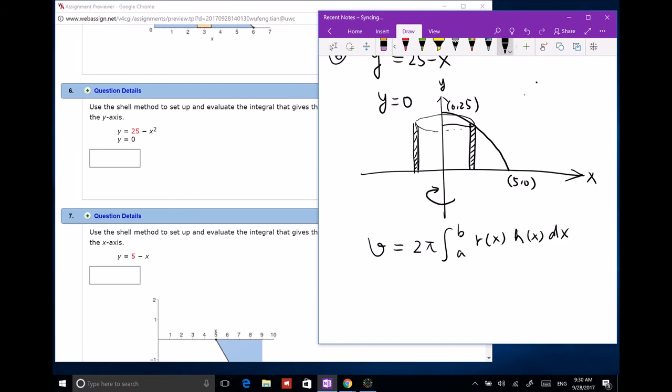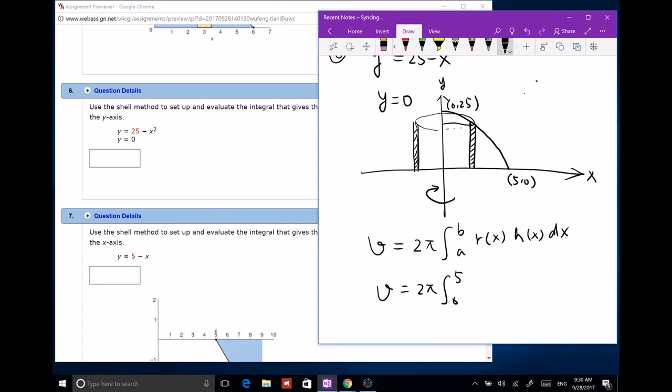So V equals 2 pi, and x is from 0 to 5. The radius is x, and the height is your y value. So r is x, and the height is 25 minus x squared dx.